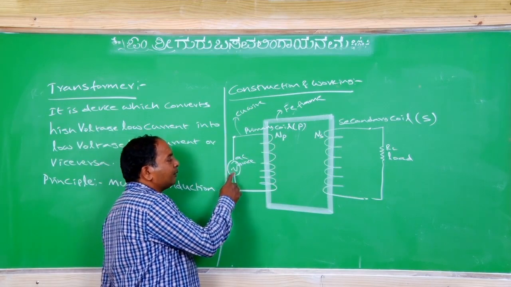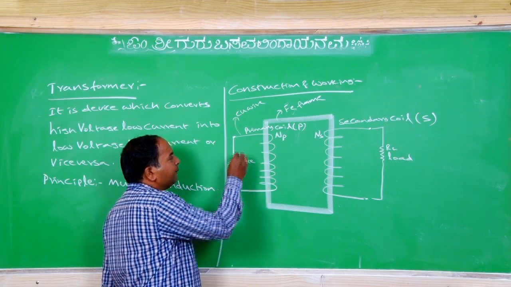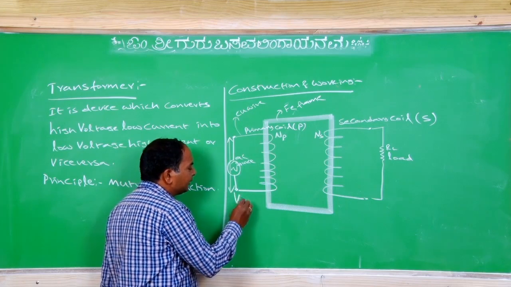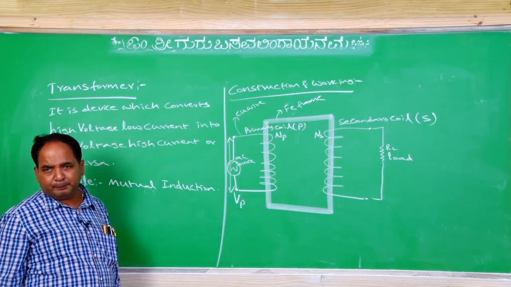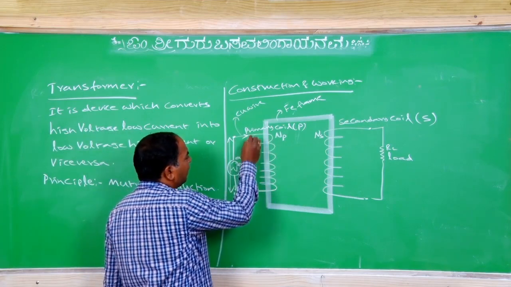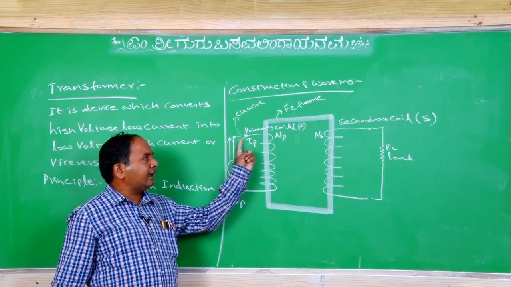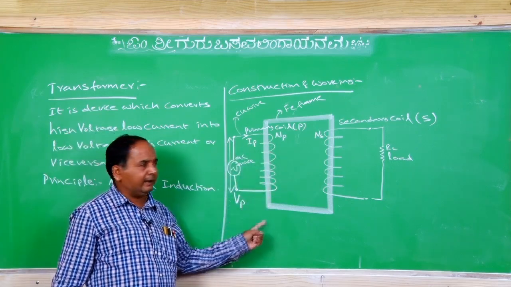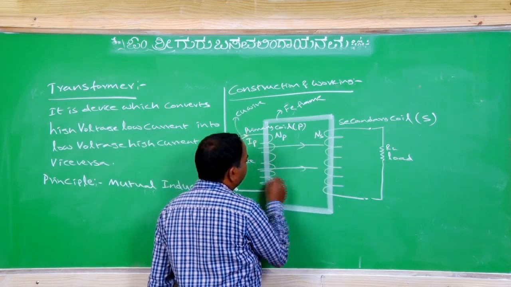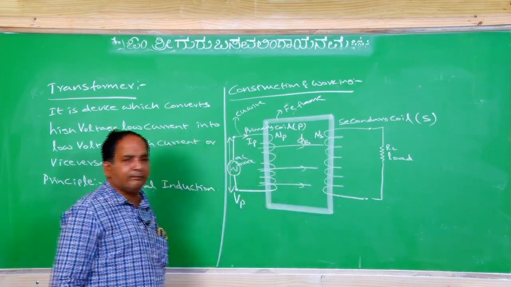Now if the AC source is switched on, then between the two ends of the primary coil, the voltage is the primary voltage VP, and the current passing through the primary coil is IP. Already we know when current passes through a coil, a magnetic field is formed in the perpendicular direction, which causes a change in flux.